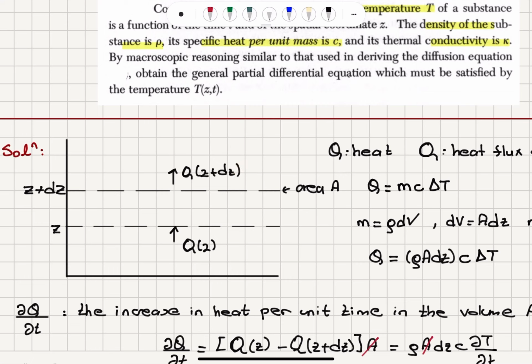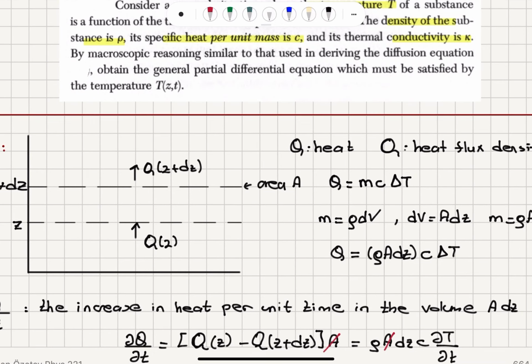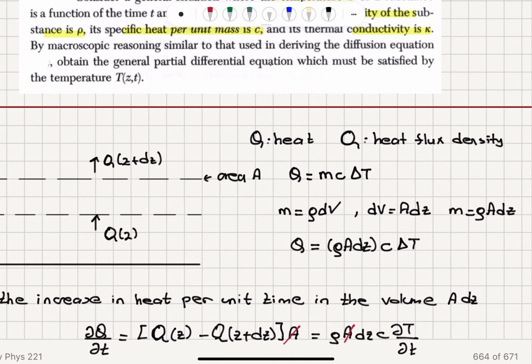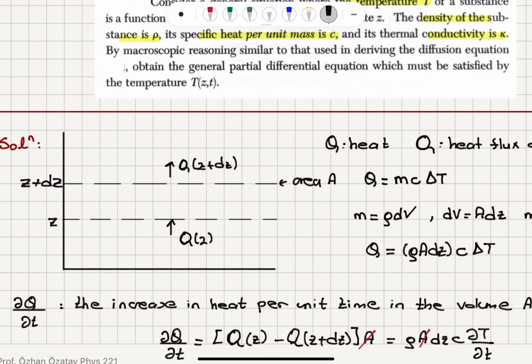So heat is flowing up like this, let's say, and the heat that is being transmitted in this region is mc delta T, heat capacity times delta T. M is density times dV, the volume of this region, which is the cross-sectional area A multiplied by dz. So we can see that this is a plane that has a cross-sectional area A.